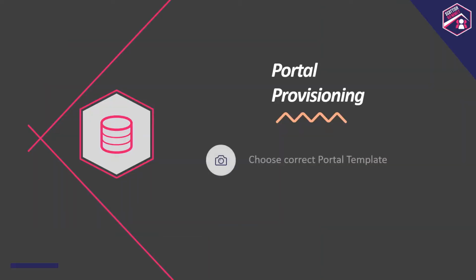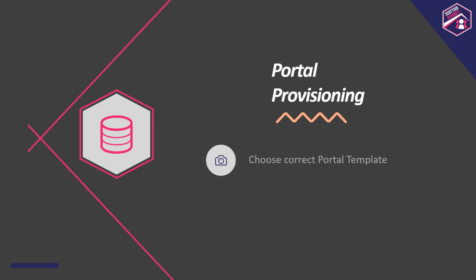So first, tips around portal provisioning. The first one would be to choose the correct portal template. We have probably around 6 portal templates currently, and basically what the portal templates contain is a different subset of predefined web templates and web pages.